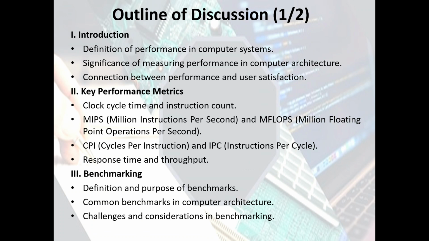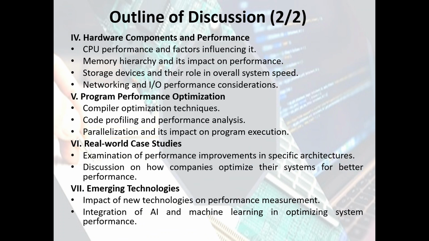Also, we'll be talking about benchmarking: the definition and purpose, what the common benchmarks in computer architecture are, and the challenges and considerations in benchmarking. Part 4 will be talking about hardware components and performance: the CPU performance and the factors that influence it, memory hierarchy and its impact on the performance, storage devices and their role in the overall system speed, networking and input-output performance considerations.